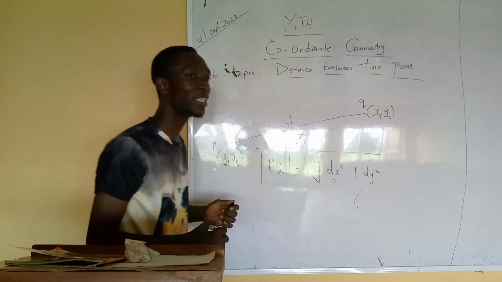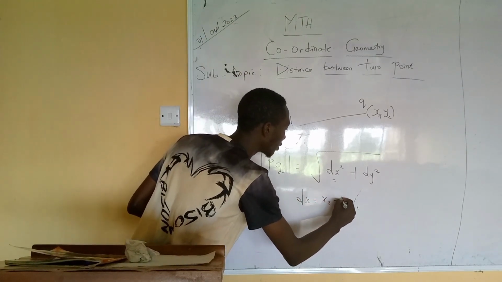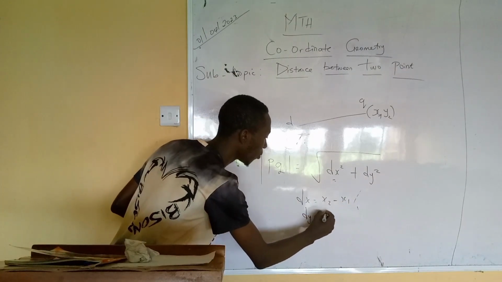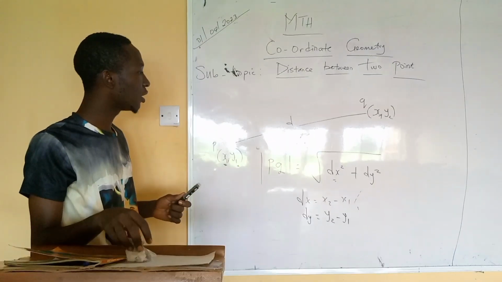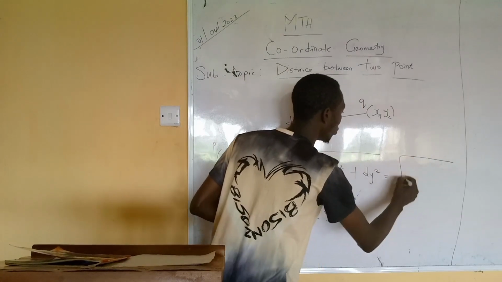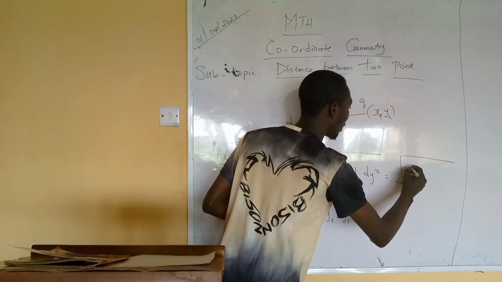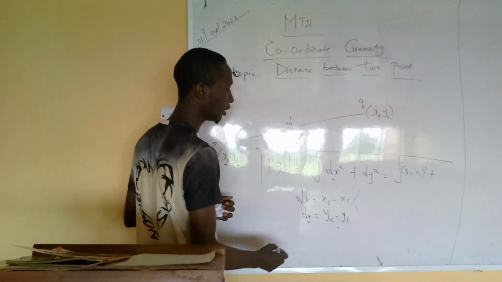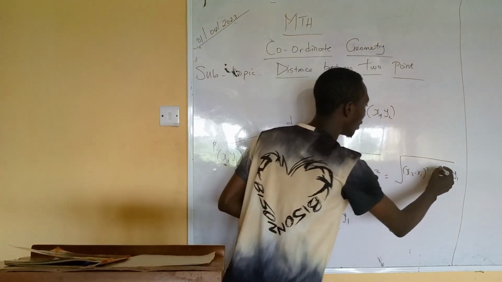And note, change in x is simply x2 minus x1, and change in y is simply y2 minus y1. So therefore, if we put these values into the brackets, it becomes root of x2 minus x1 squared plus, now we put the value for change in y, which is y2 minus y1, and then square.